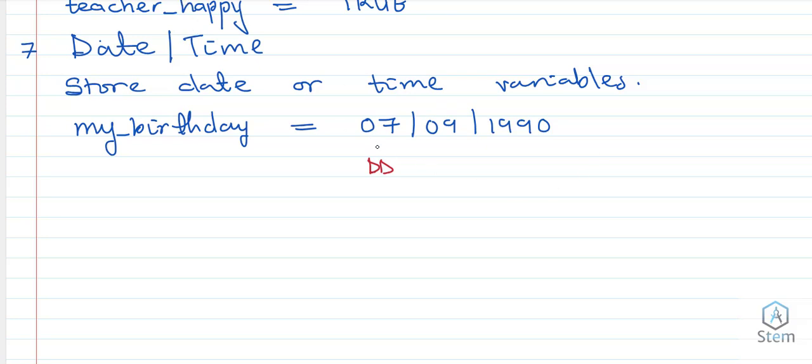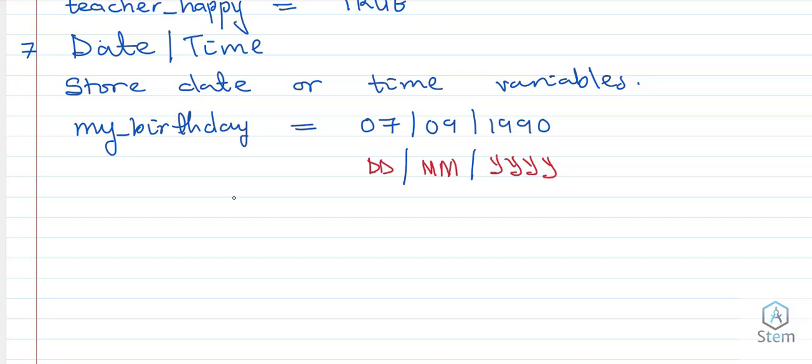Then we put the forward slash, and we should have two values for the month you were born, and forward slash, and we put 4 values for the year you were born. So we are going to have 4 characters for the year you were born. This is the correct syntax for date time.